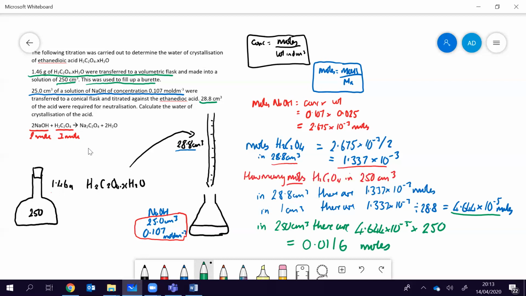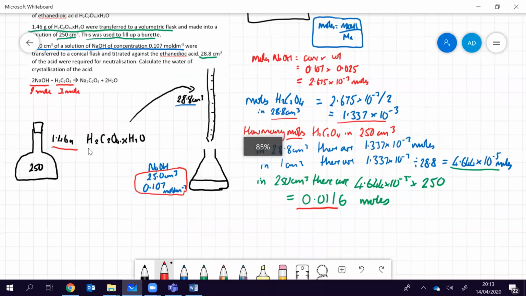Okay, so now we are at the stage where we know the moles and we know the mass, so we can work out the MR. But that was a little bit more difficult than usual, and all we have to do is 10 times it by 10. We had to do this business instead, didn't we? Yeah, finding out in one and then times it by 250. So it was a bit harder.